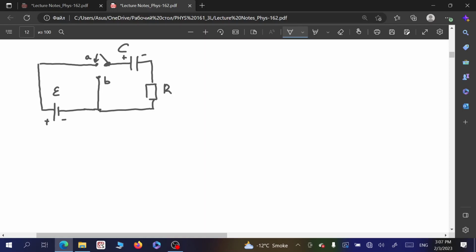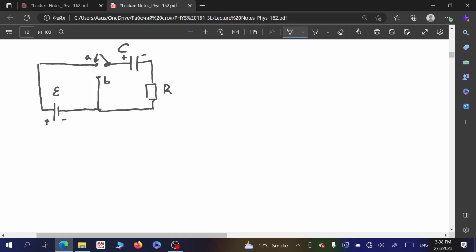So we derived some expressions for calculating the time dependence of electric current in this circuit, going from t equals 0, assuming that there is no charge accumulated at the capacitor. So what did we use?